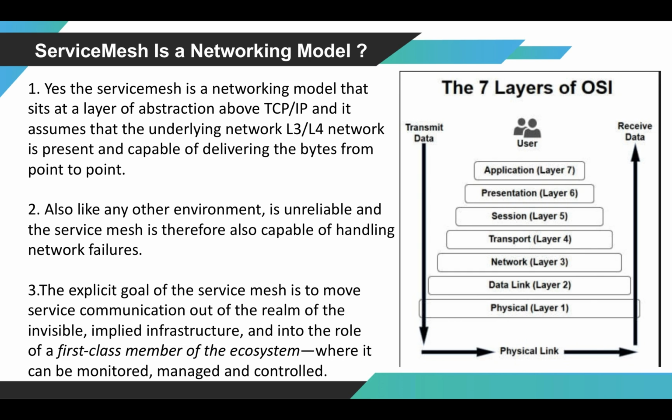So it becomes the explicit goal to take service communication, which is currently an invisible, implied part of the infrastructure, and elevate it into the role of a first class member of the ecosystem, where it can be monitored, managed, and controlled. So in case of a network failure, the service mesh makes sure services are still able to communicate and draw the response from the application, unless it's an entire network failure that we are talking about.